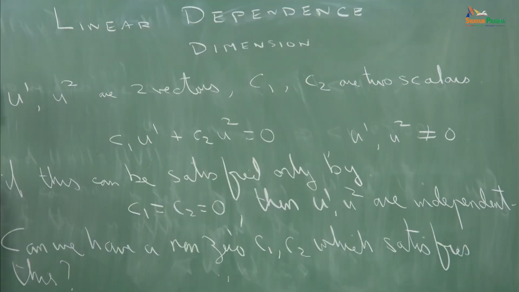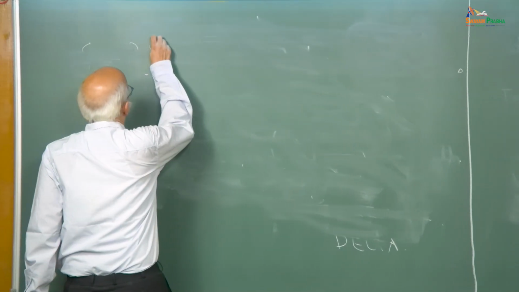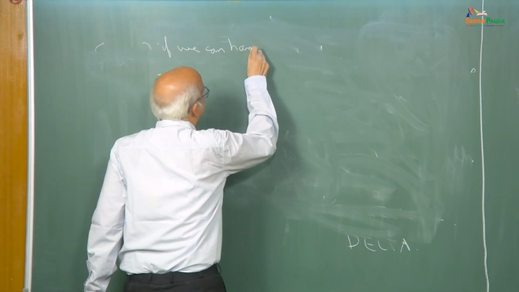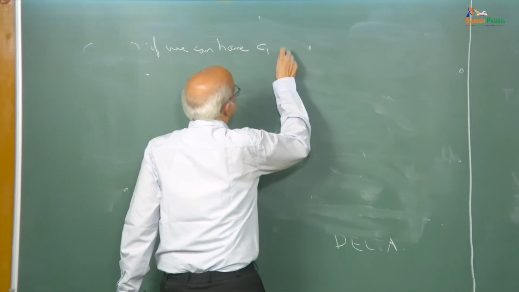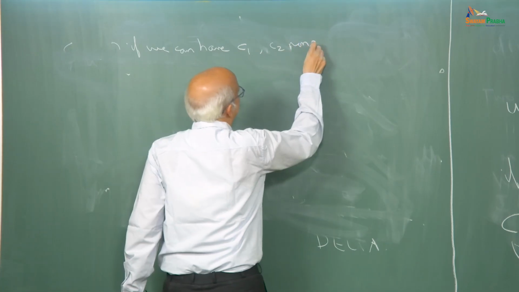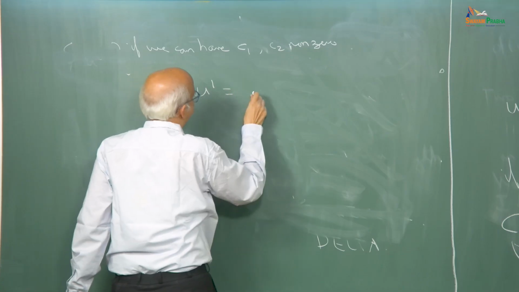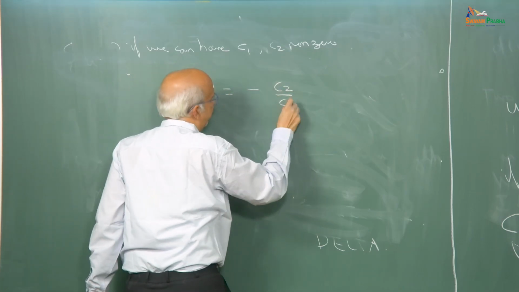And if we can have c1, c2 non-zero, then I can rewrite the equation as u1 equals minus c2 by c1 times u2.